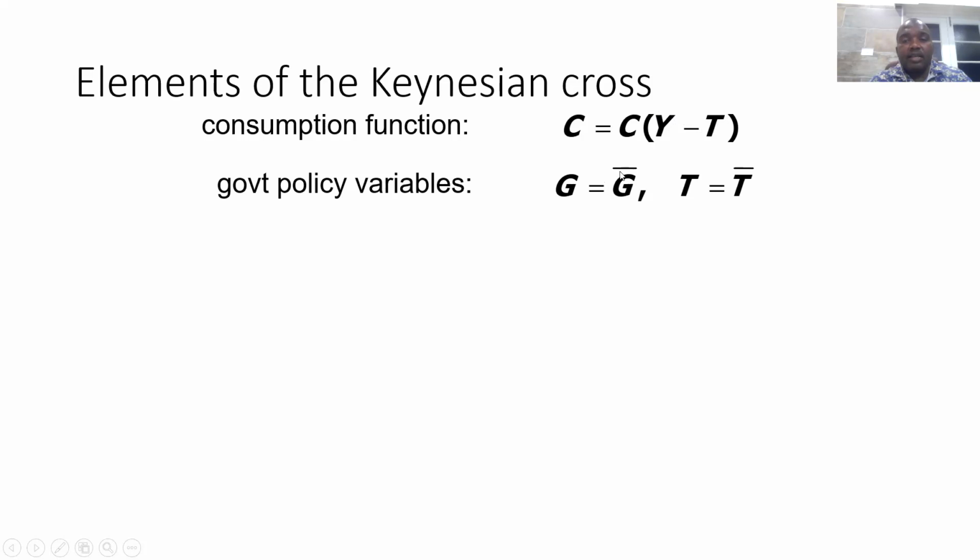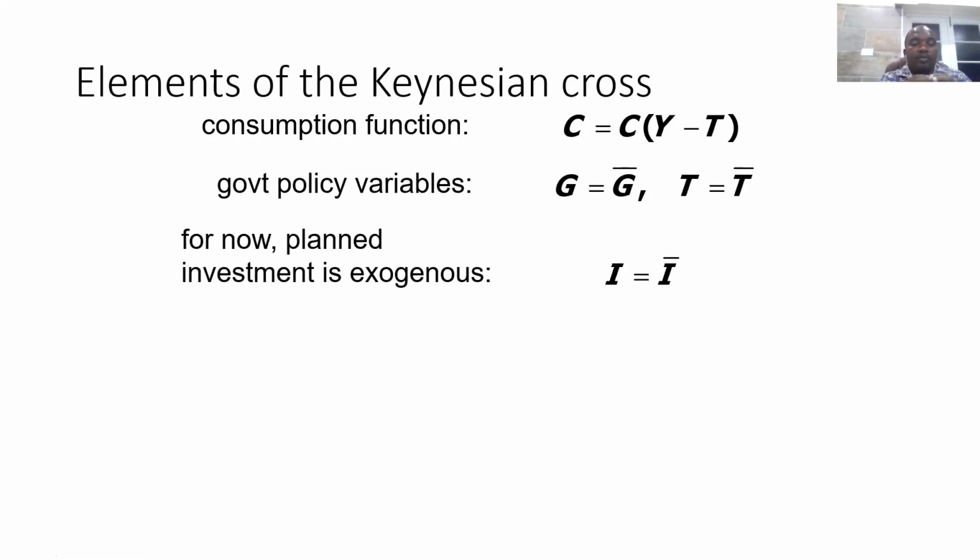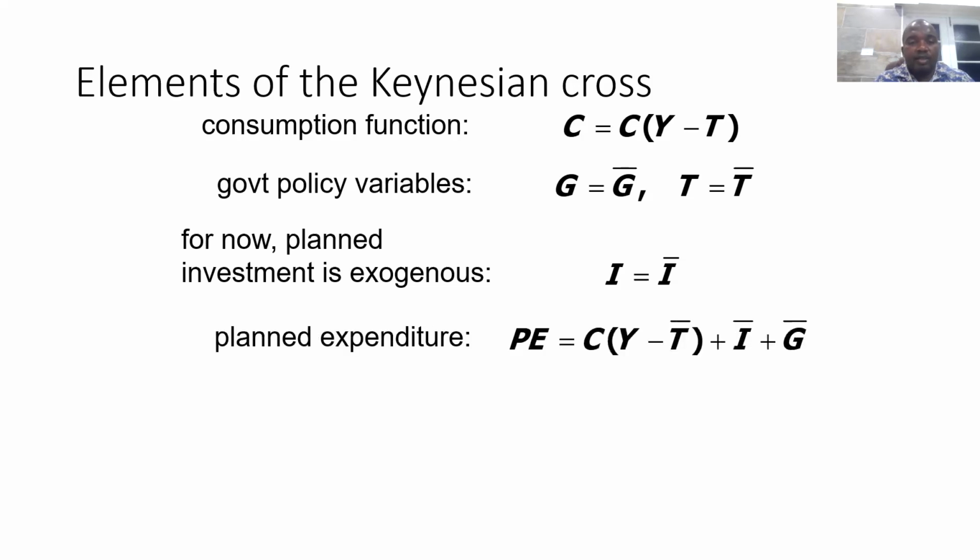G is assumed to be exogenous. In other words, G is not related to changes in national income. And T is also assumed to be exogenous because these two, government spending and taxation, are government policy variables. They are not determined within our model of national income.